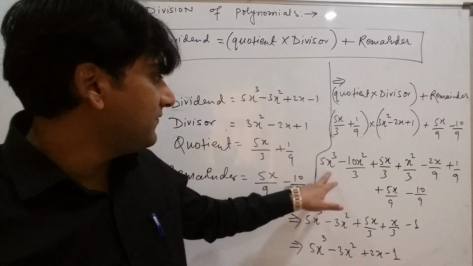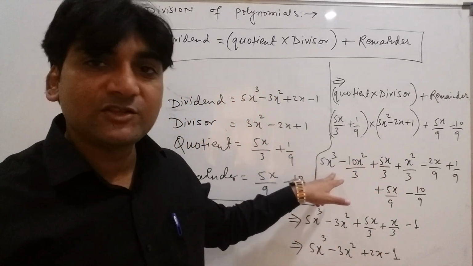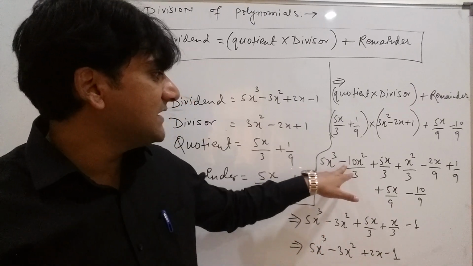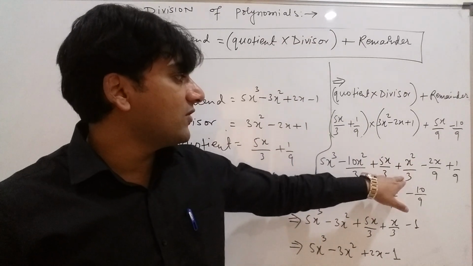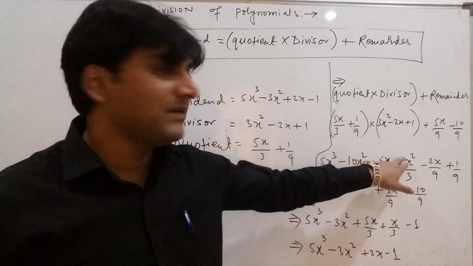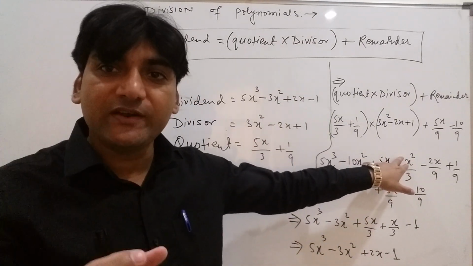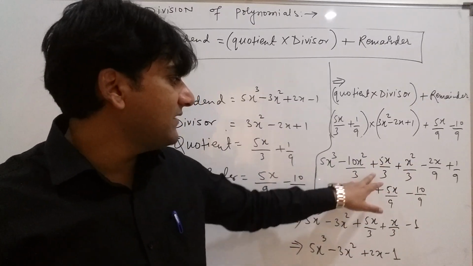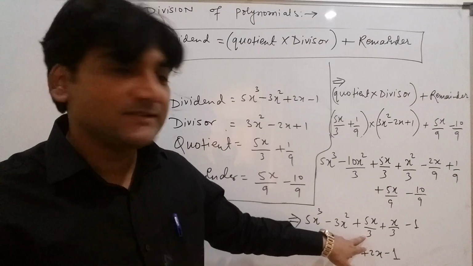Now next step, 5x cube alone, x cube only one term we have, so 5x cube we got. Now minus 10x square over 3 plus x square over 3, minus 10 plus 1, minus 9 over 3, minus 3, that's why minus 3x square. This is 5x over 3, I wrote as it is.